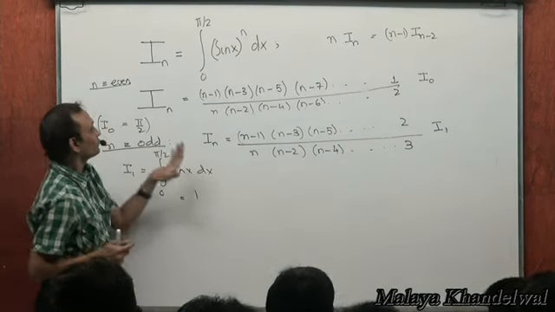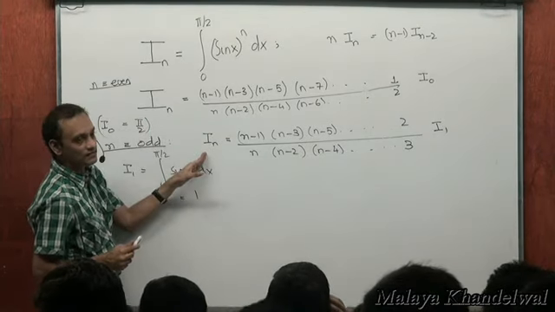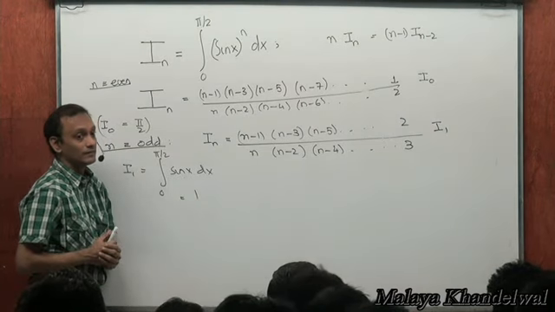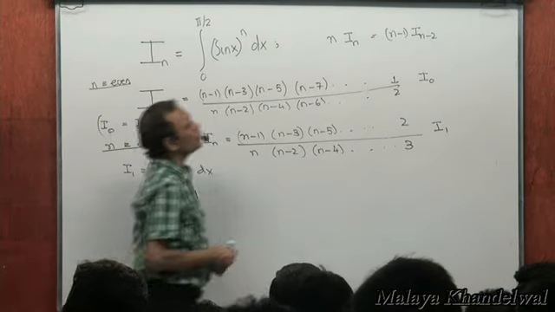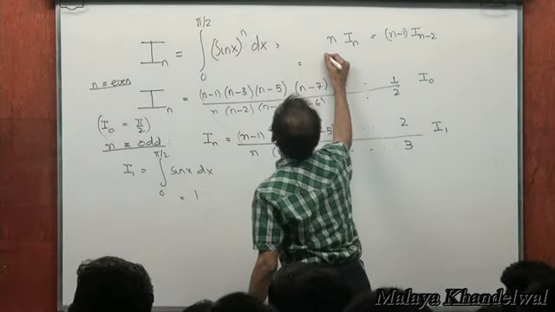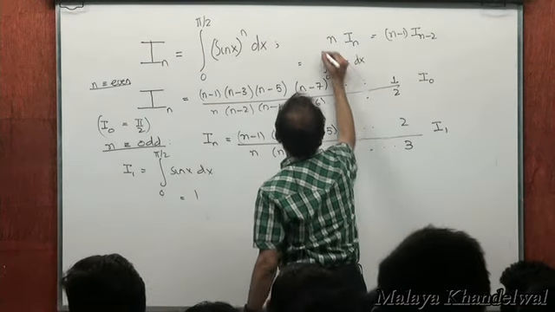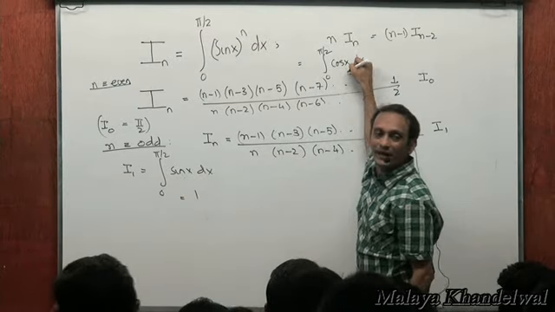Right? So when n is even, this is the result. When n is odd, this is the result, for the integral of sine x to the power n, 0 to pi by 2. And for sure, this is also the same as the integral of cos x dx, 0 to pi by 2. Why? The integral of f(x) dx from 0 to a is the integral of f(a minus x) dx.